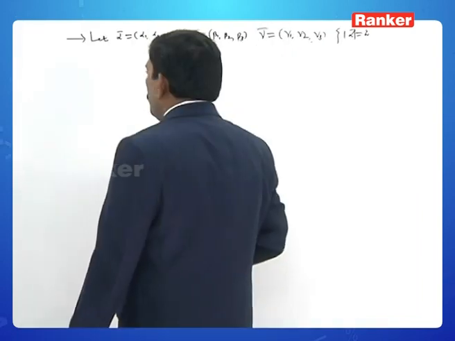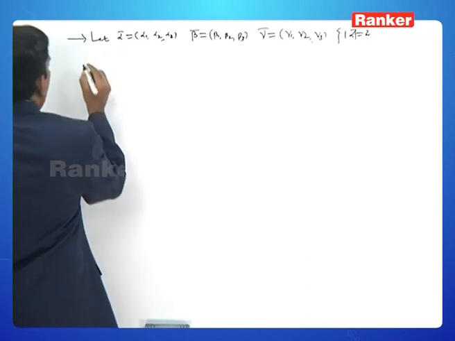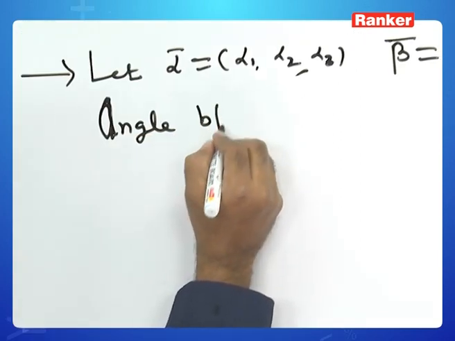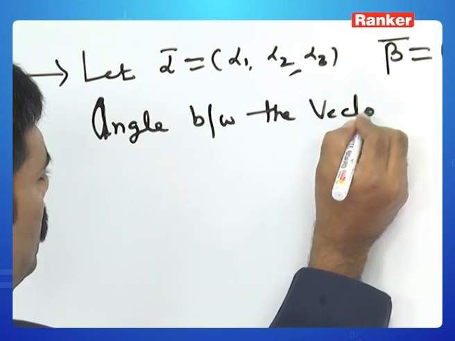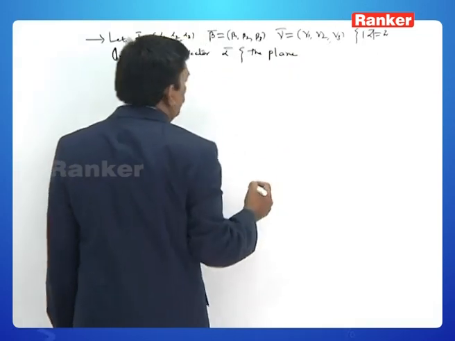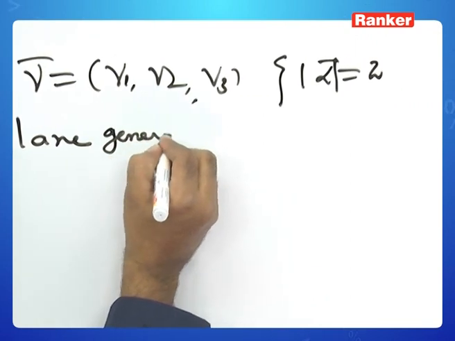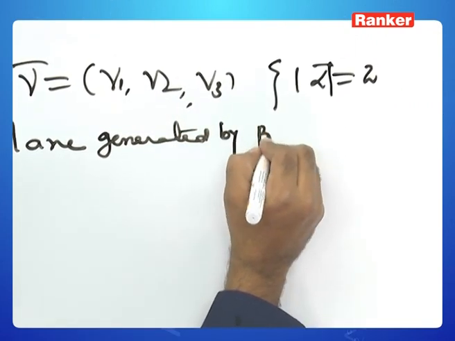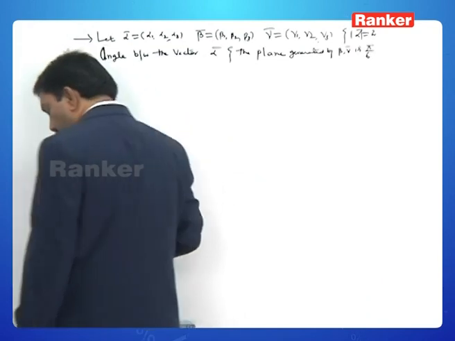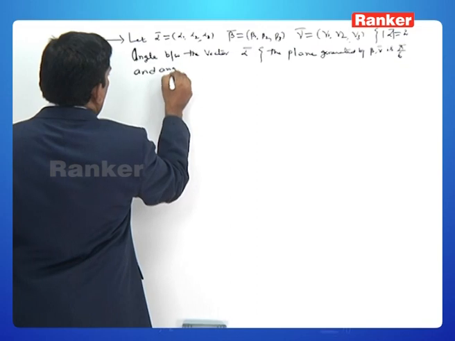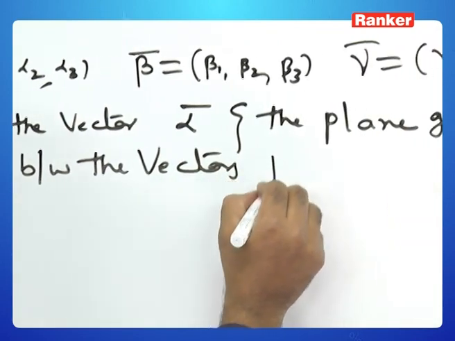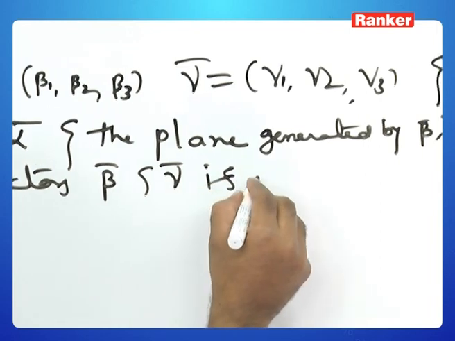Meanwhile, the angle between the vector alpha bar and the plane generated by beta bar and gamma bar is pi by 6, and the angle between the vectors beta bar and gamma bar is pi by 4.